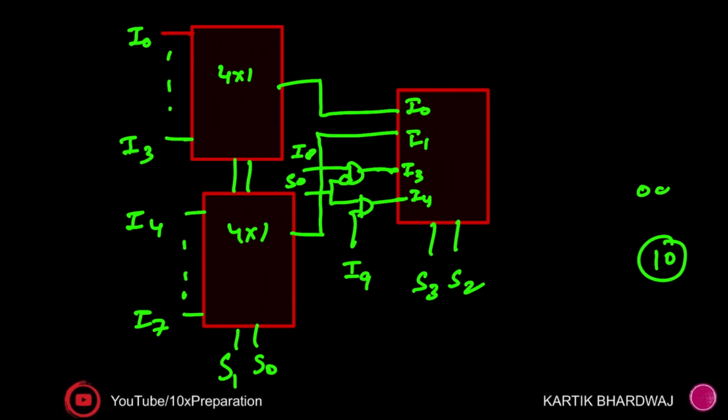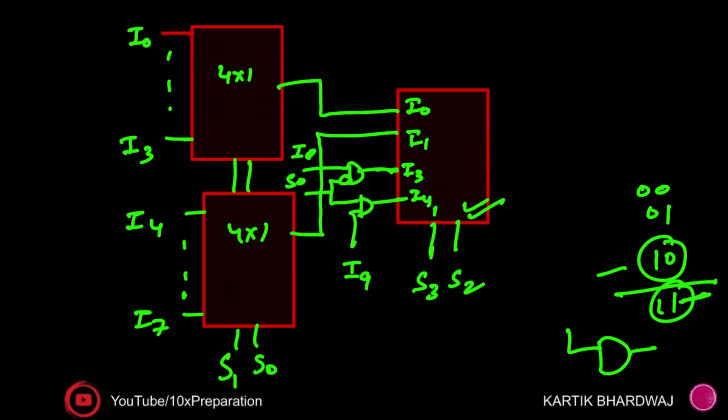So simply how can you generate this circuit, only 10? 00, 01, 10, and for this we need to take care, because 11 should not be there. For this, we should take care of whatever is coming: 1 should not come at S2.